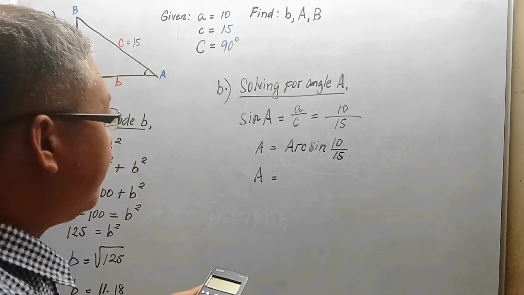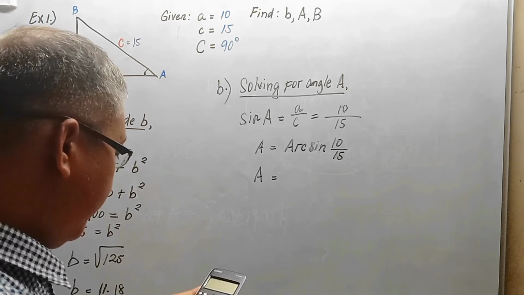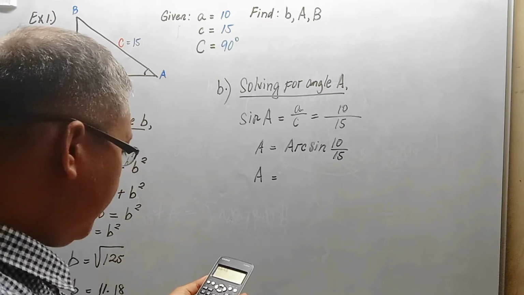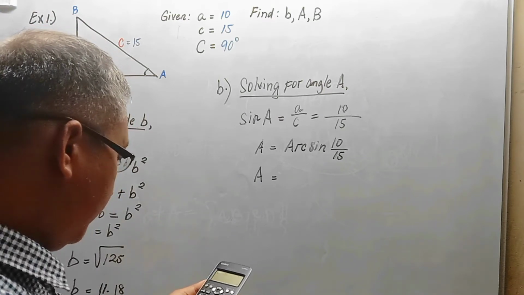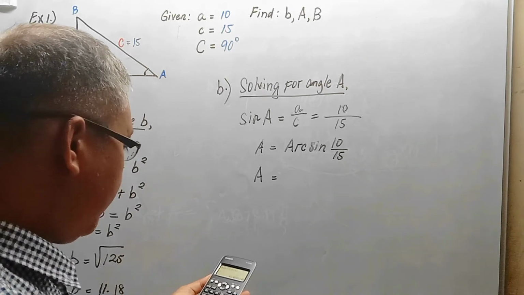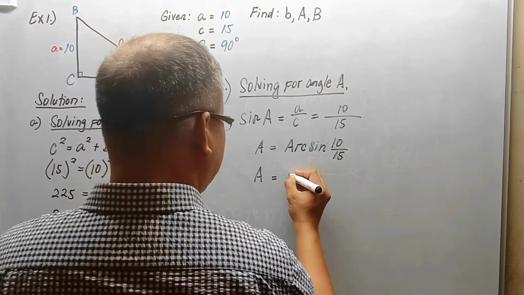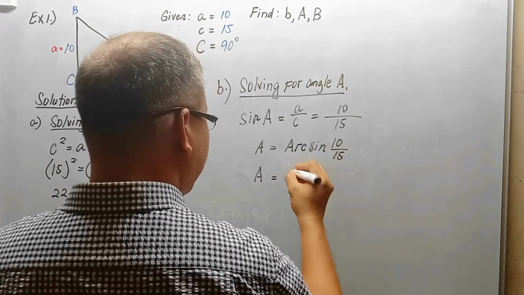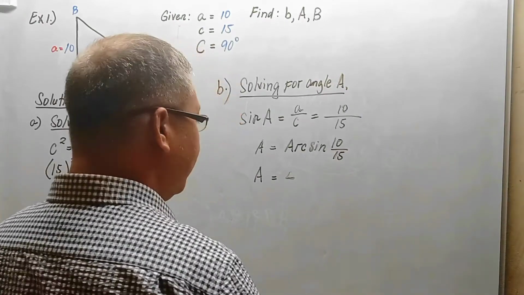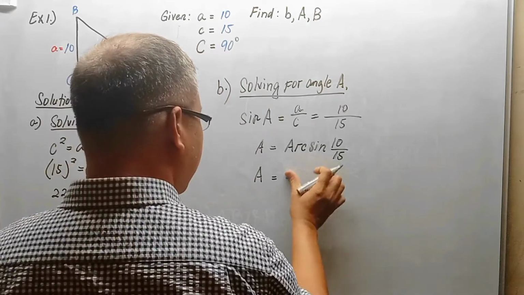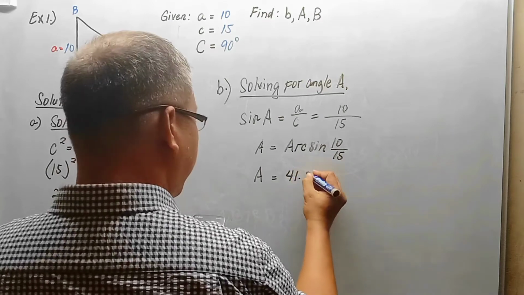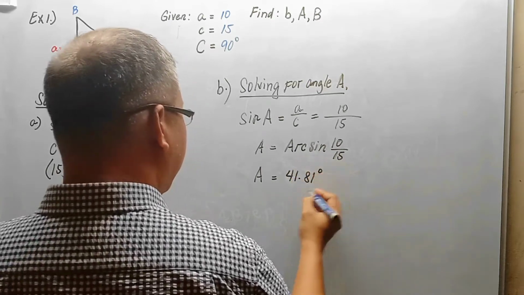So inverse sine of 10 over 15 is 41.81 degrees.